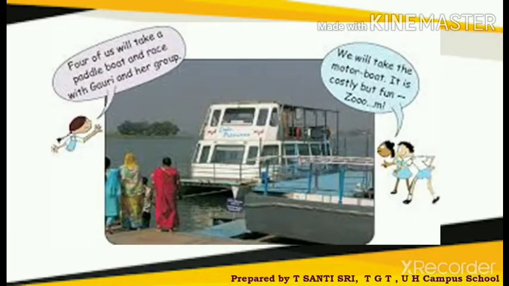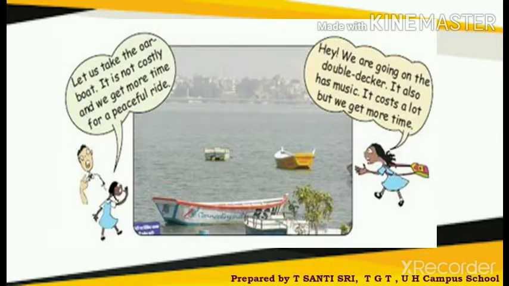Children are very excited. They are discussing among themselves. 4 of us will take a paddle boat and race with Gauri and her group. The other group is saying, we will take the motor boat. It is costly but fun too. Some other children are saying, let us take the oars boat.